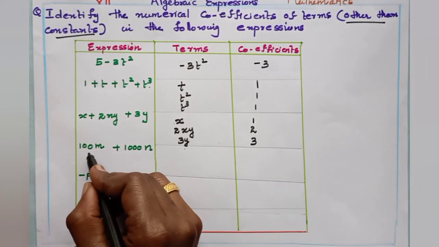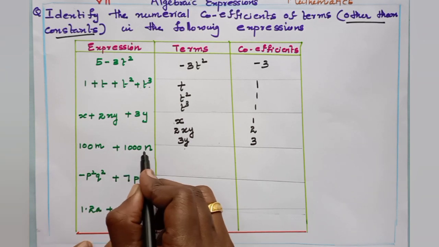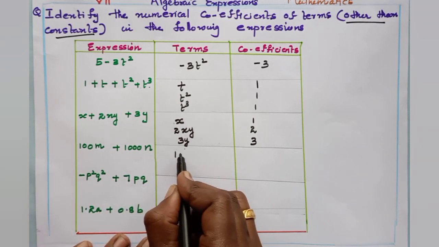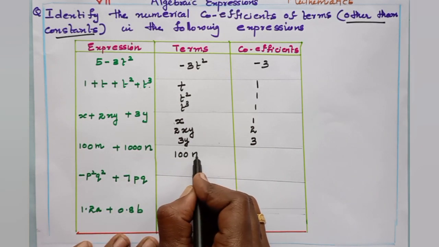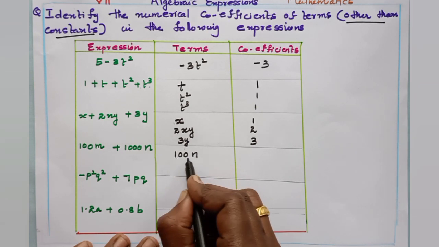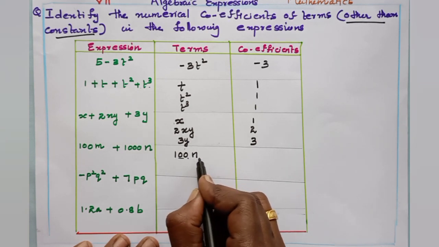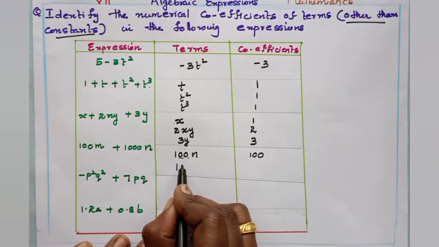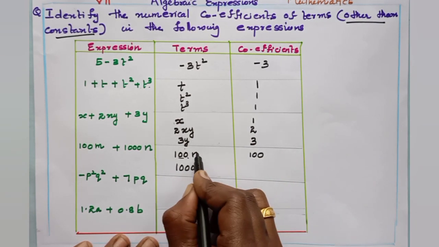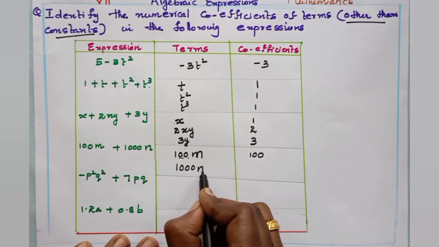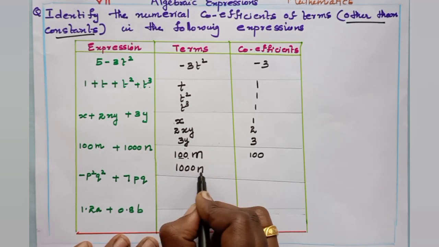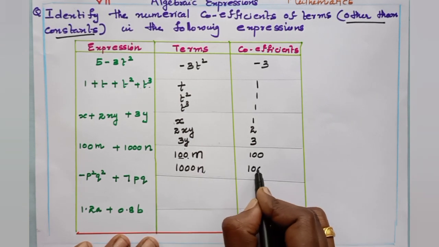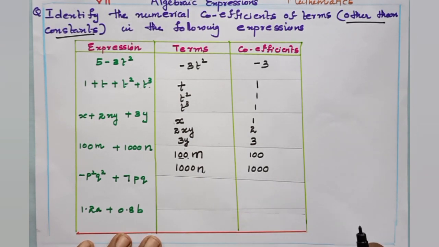Then 100m and 1000n. The first term is 100m, with numerical coefficient 100. Then 1000n, with numerical coefficient 1000. Okay, understood all of you?